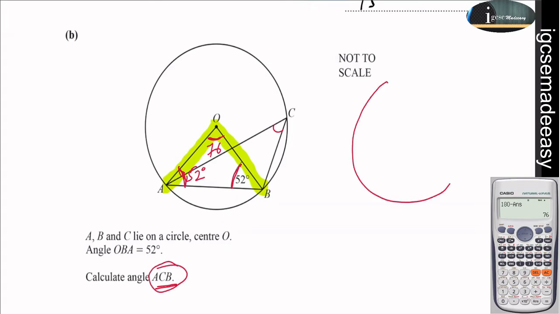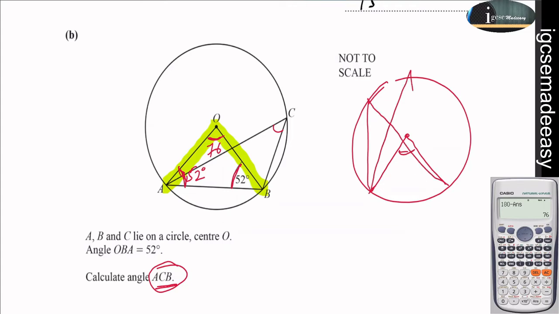So you should remember that the center angle, whatever the center angle is, will be double the angle that is made anywhere else on the circle. Okay, this is the center angle. If this is like 100, then this should be 50, this should be 50, and this should also be equal to 50.